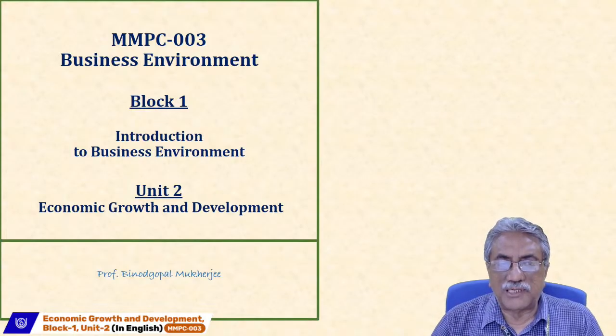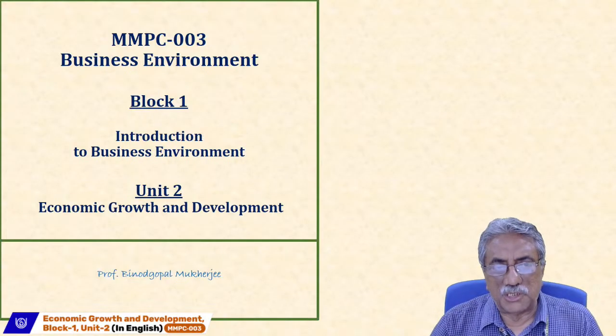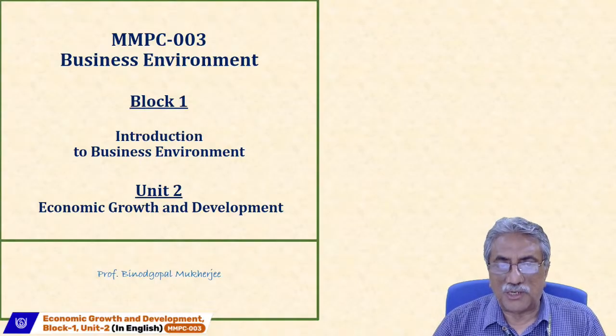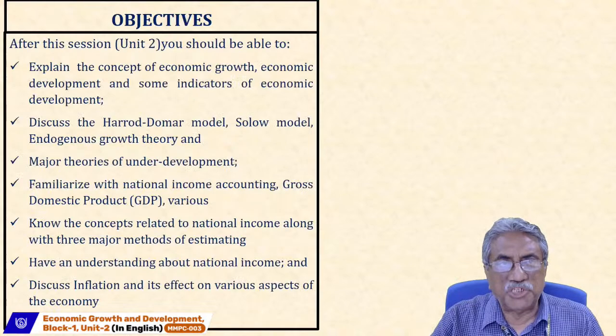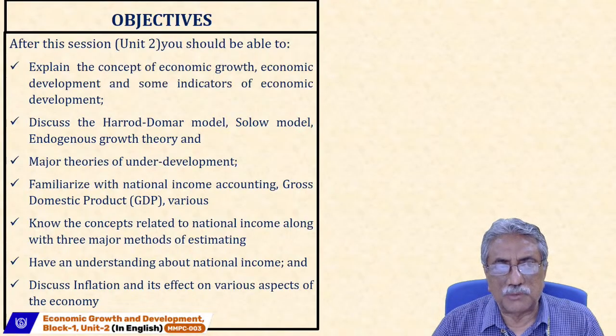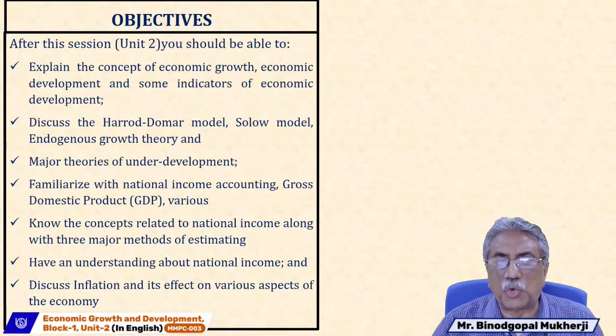Today we'll be studying Unit 2, which will cover economic growth and development. The objective of this session is that after it you should be able to, number one, explain the concept of economic growth, economic development, and some indicators of economic development.